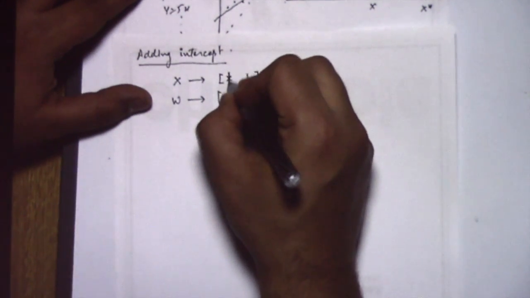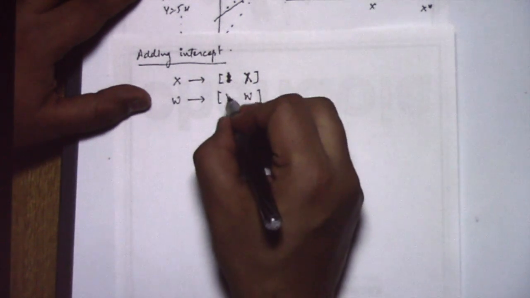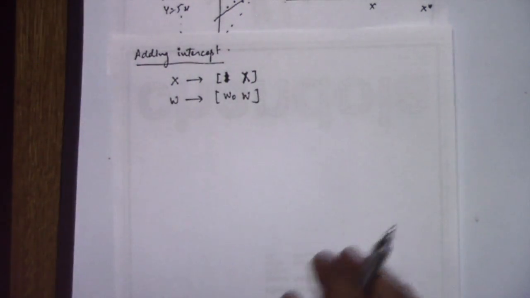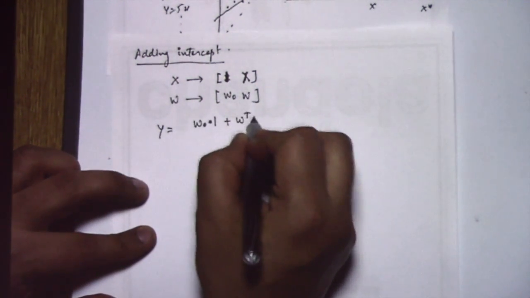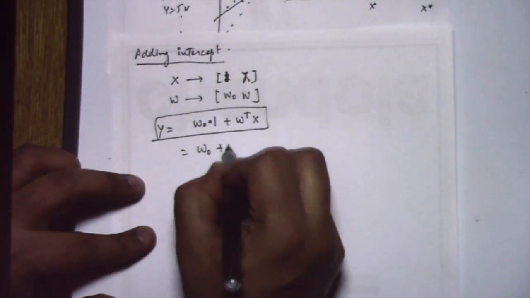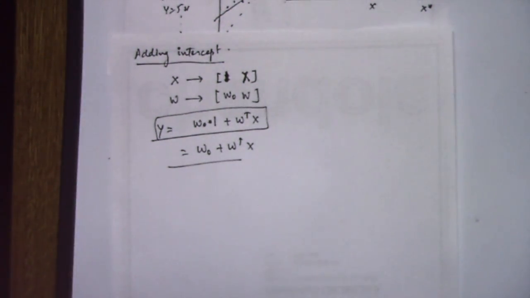This is standard. I'm going to add the intercept at the beginning, it doesn't really matter. And your w becomes w naught along with whatever your w was. So now your y becomes w naught times 1 plus w times x. So now this line doesn't have to pass through the origin.